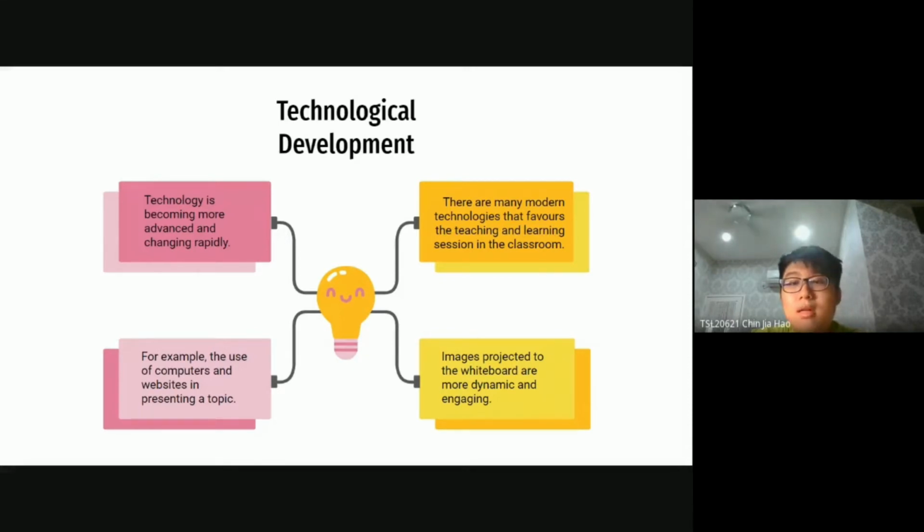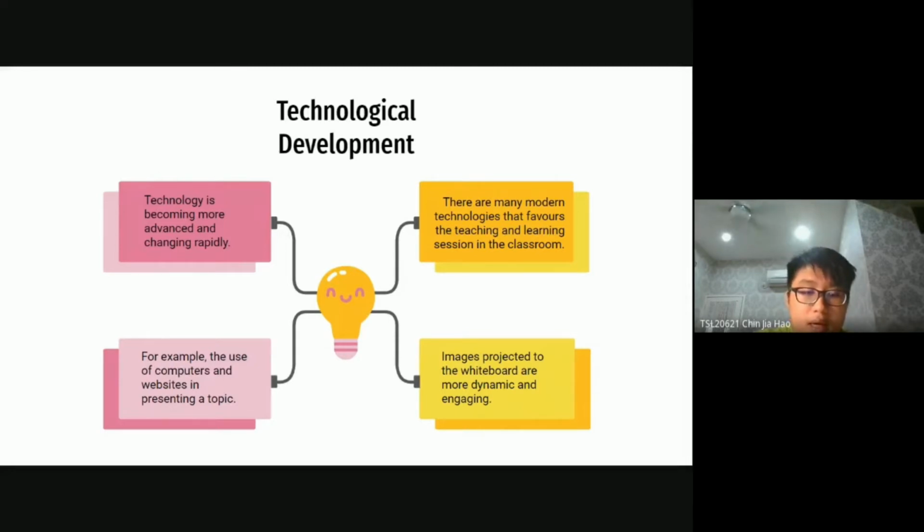Therefore, there are many modern technologies that favor the teaching and learning session in the classroom. For example, the use of computers and websites in presenting a topic. There are also other examples such as the smart board or social media like TikTok that can also be used to deliver the knowledge.